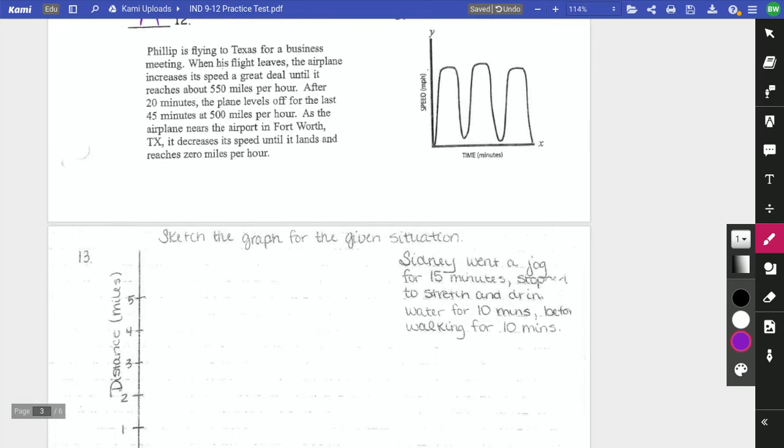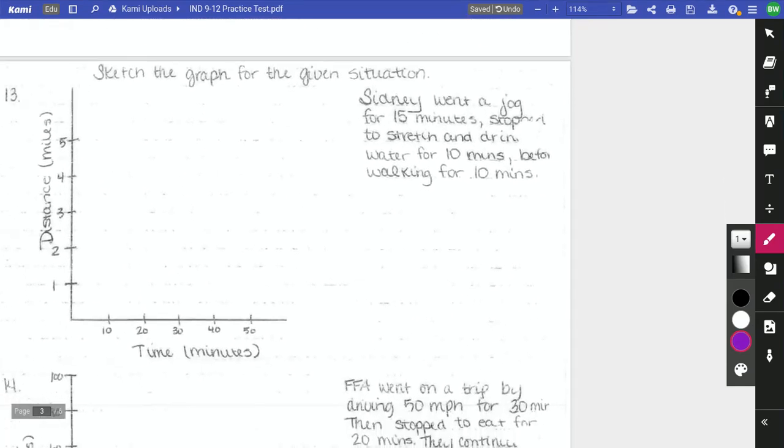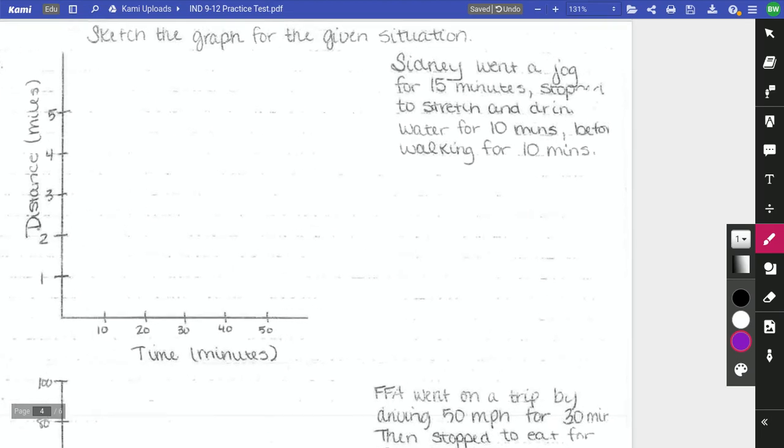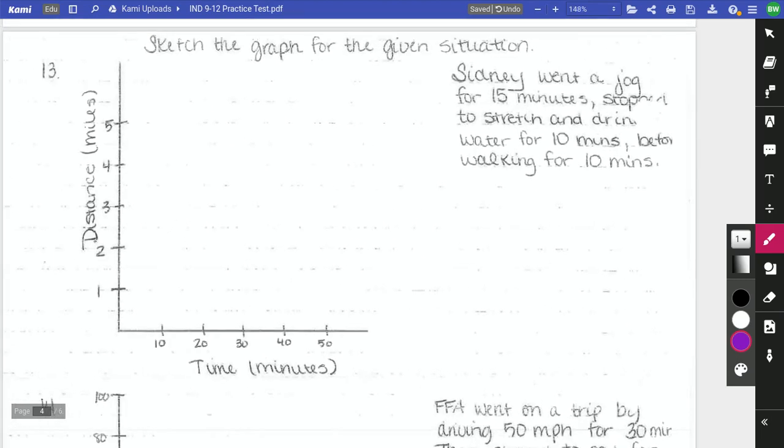Okay, so now we have some from indicators 9 and 10. So this is indicator 10. Sketch the graph for the given situation. Sydney went on a jog, and before we even read about Sydney's jog, we probably should look at what kind of graph this is. Because if we know what kind of graph it is, it guides our thinking of what we're going to be looking for, what we're going to have to do.